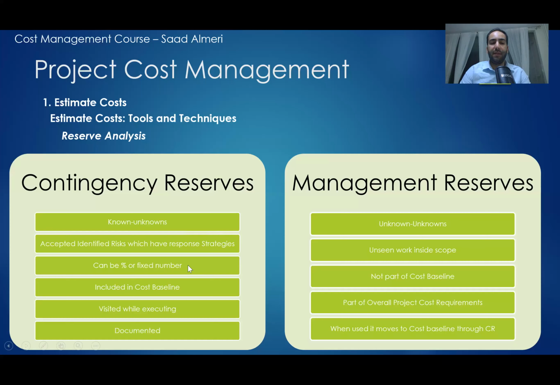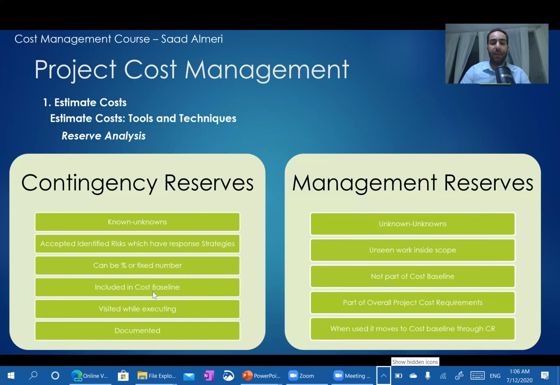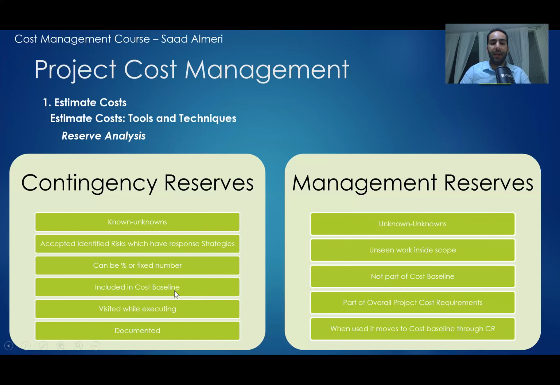This contingency reserve is included in the cost baseline. We'll talk about the cost baseline later, so it's not in this slide, but the contingency reserve is included in this cost baseline. And it is revisited while executing and documented. These two points are very important, because when I make the budget and estimate the costs, I should clearly say what the risk reserve amount is.